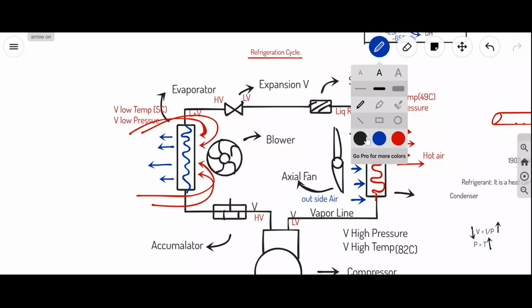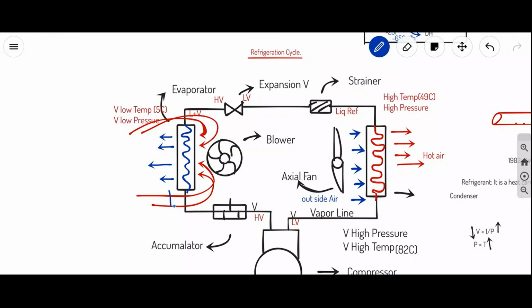So you'll notice every air conditioner will have a drain pan here. So this drain pan is connected with a drain pipe, where you'll see small water droplets coming out from the indoor unit. How many of you noticed this? Yes, yes. That is due to dehumidification in the coil.